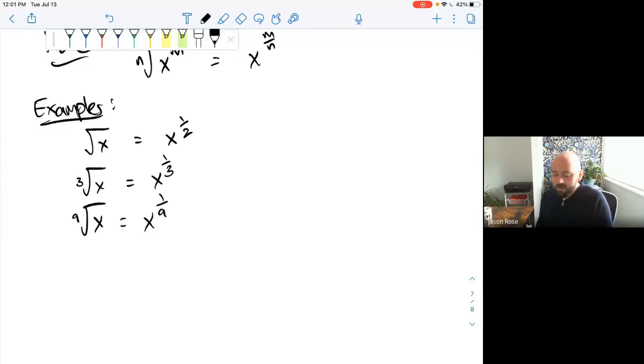This should look familiar. And also if you have, say, x to the 7, the 11th root of it, this would be x to the 7 over 11, like that. Okay, so that's just a quick note about some of the different notations that you see. Square roots are also exponents in a way. They're fraction exponents.